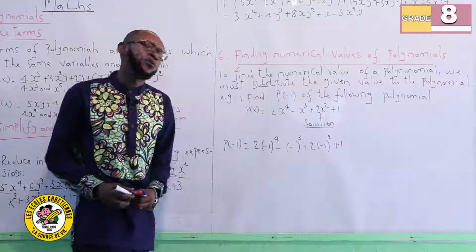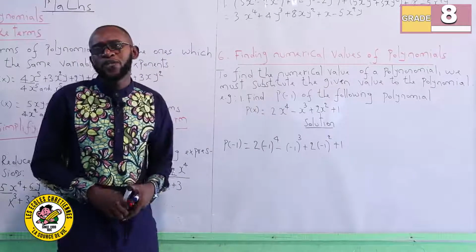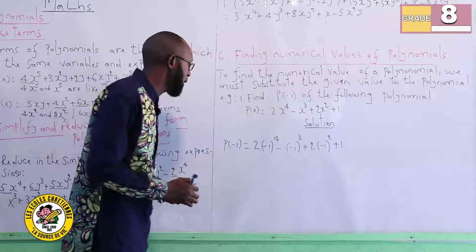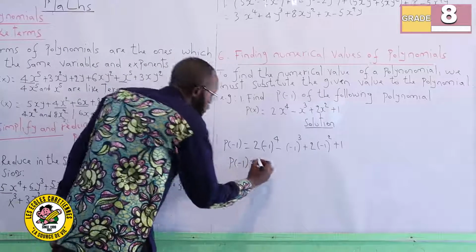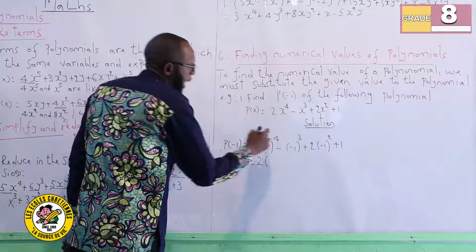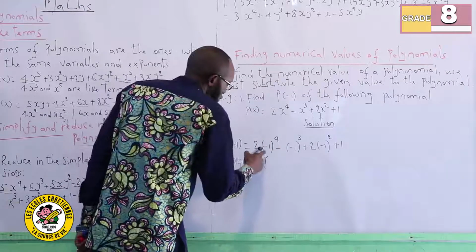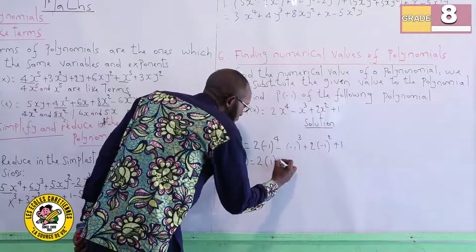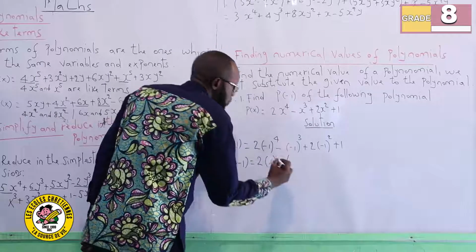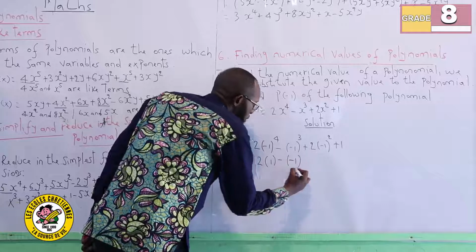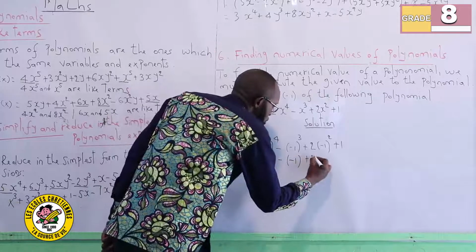Now with this you can use all the properties that you learned with integers, okay? So if we continue, we will have 2. The exponent is an even number, so it will be positive. And here, it is an odd number, it will be negative, minus 1, plus 2.